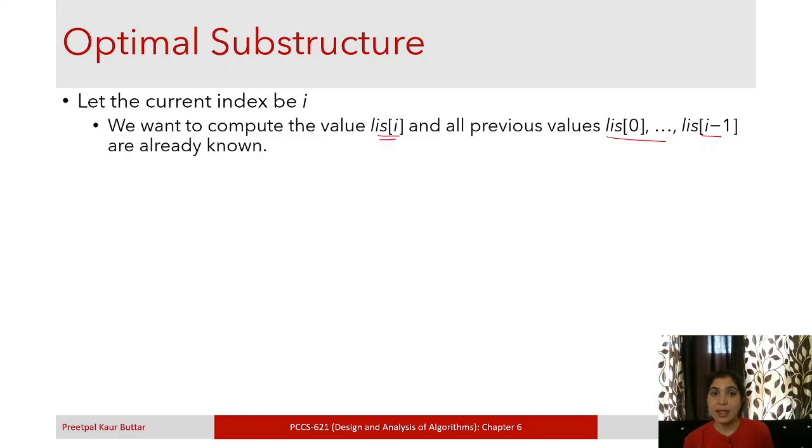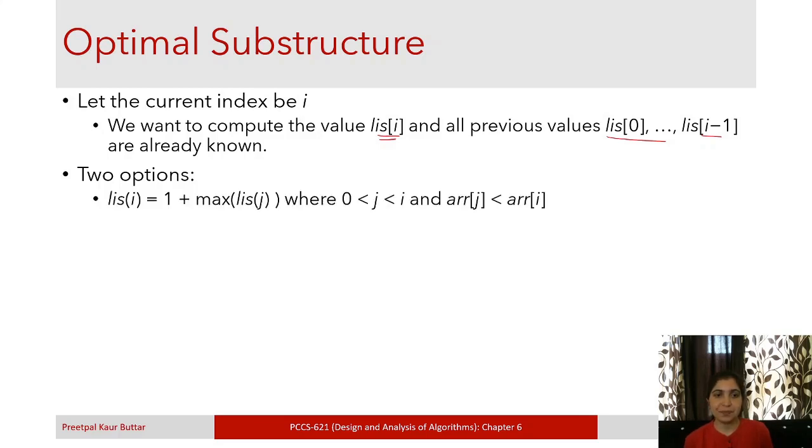Now you will see that there is optimal substructure also. So for each index i, you have two options. Like in every other dynamic programming problem, we have two or more options, right? So the first option, let me explain it with the help of the same example, 3, 10, 2, 11.